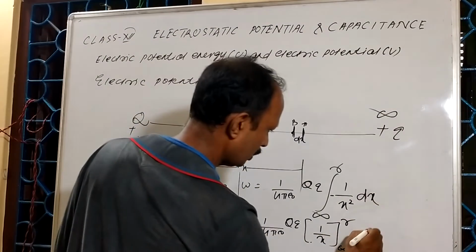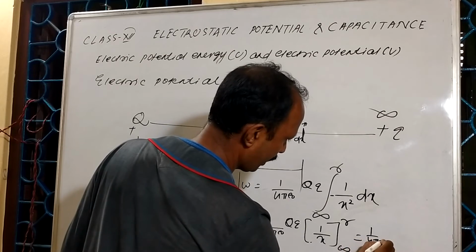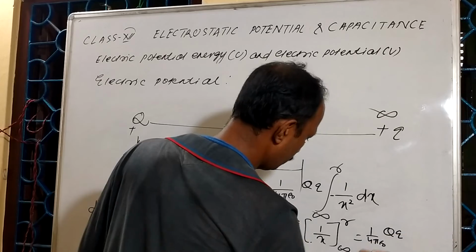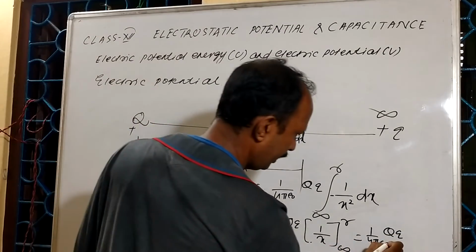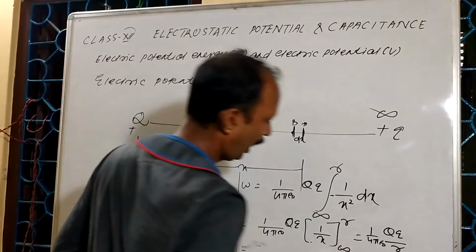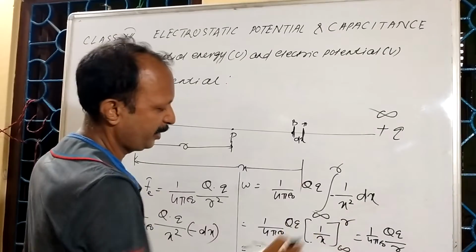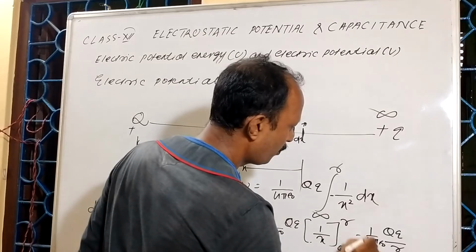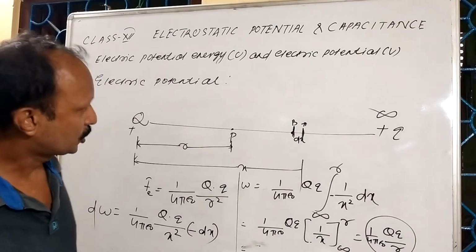So this work is equal to 1 upon 4 pi epsilon naught, Q divided by r. 1 by r minus 1 by infinity, that is 0, leaves 1 by r. This is equal to potential energy.